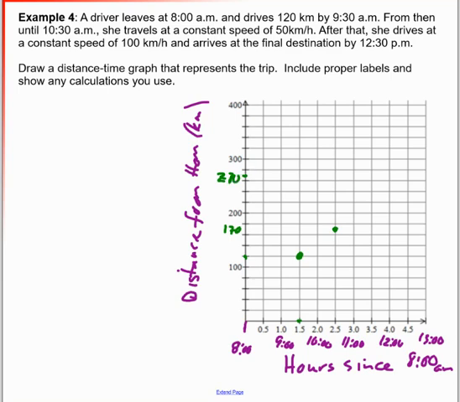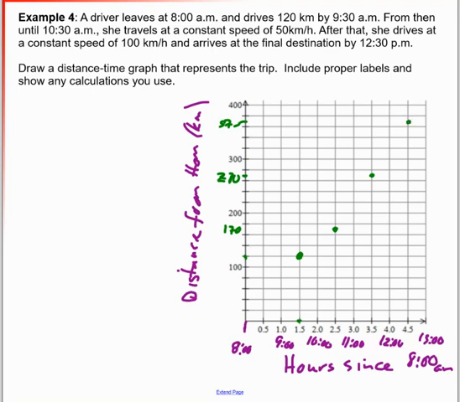So, and that's in an hour. So 100 kilometers in the next hour. So she was at 10:30. So at 11:30, she'll be at this point. And then another 11:30 to 12:30, we need to go to 370. And she'll be at that point.